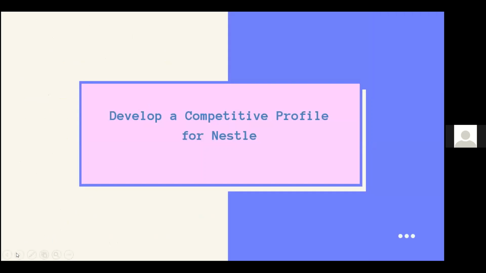Okay, so from the previous opening, I mentioned developing a competitive profile for Nestle. About the competitive profile, or what we know as the CPM, we must identify a firm's major competitors and their particular strengths and weaknesses. So the weights and total weighted scores in a CPM have the same meaning as in the other matrices.